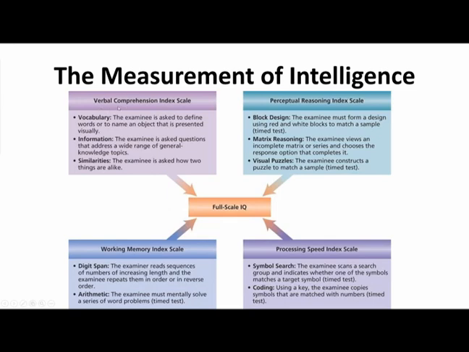One is a verbal comprehension index scale here in the top left. There's also a perceptual reasoning index scale, a working memory index scale, and a processing speed index scale. These 4 indexes can all be combined to give a more complete, full-scale measure of IQ.